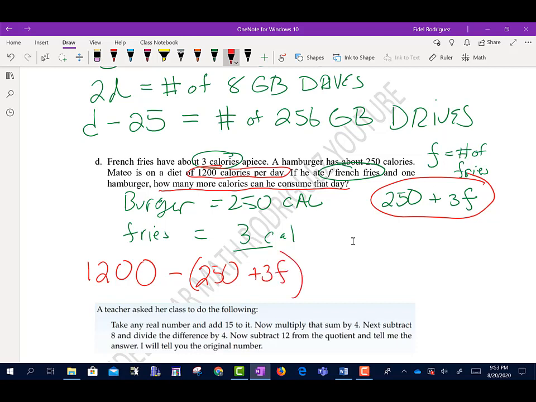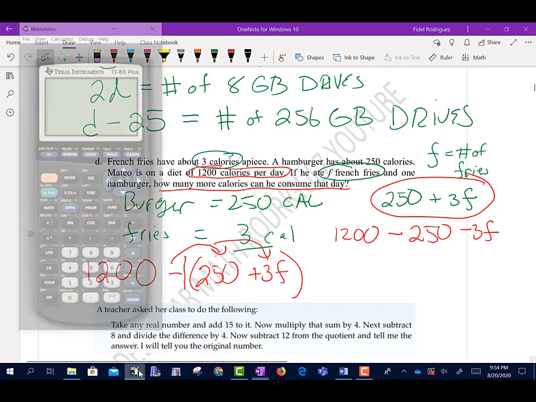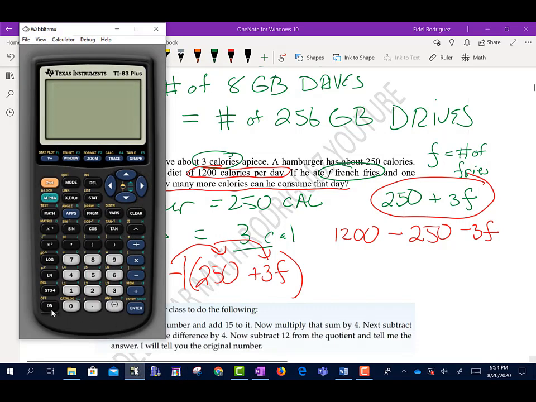Now, when I'm subtracting this, you might remember this from algebra. I'm going to think of this number here being a -1, and I'm just going to distribute that -1 to both pieces. So now I'm going to have 1,200 minus 250 minus 3F. And I'm going to pull up my calculator. You don't have to use a graphing calculator, but I have it right here on my computer, and it just makes it easy to pop up.